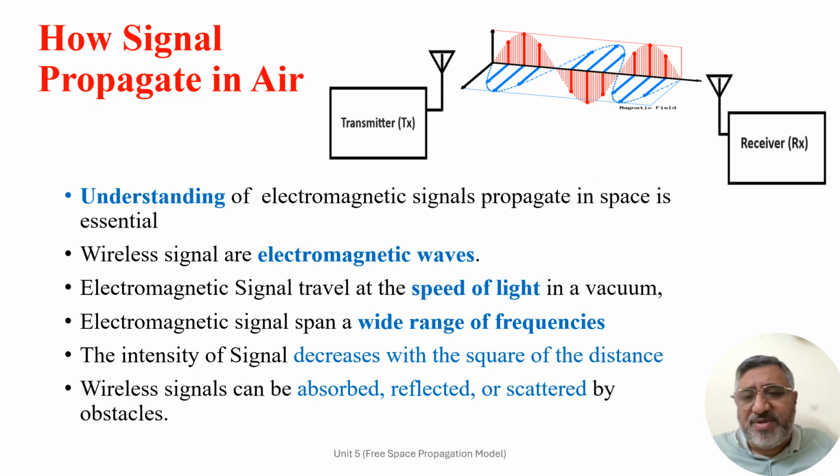Wireless signals can be absorbed, reflected, or scattered when they encounter objects like mountains and high-rise buildings in their path. These interactions can result in changes in the direction, amplitude, and polarization of the wave.